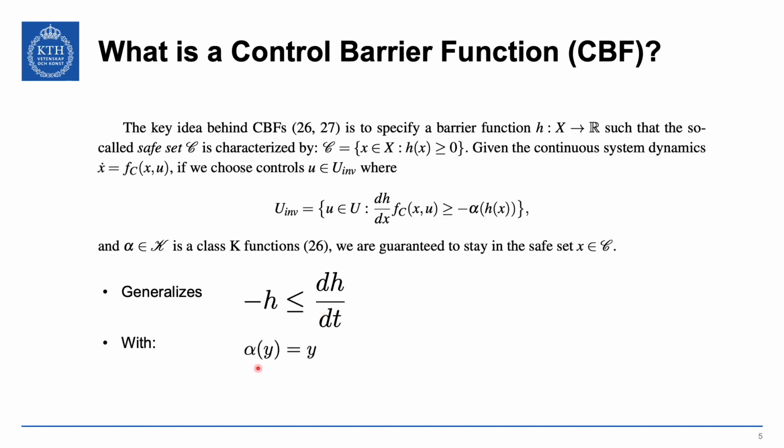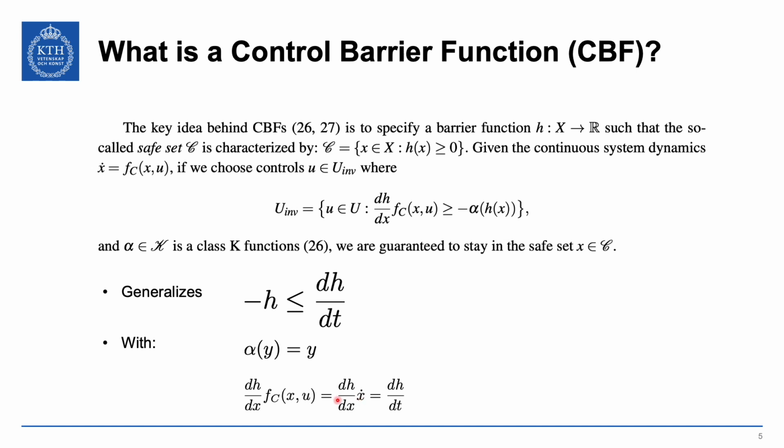So if we have alpha(y) equals y, so alpha is just the identity function here, so we have minus h here. So if we just flip this, we have minus h here, we have minus h there. And you can note that this expression, dh/dx times f here, is actually the dynamics, so that's x dot, the time derivative of x.